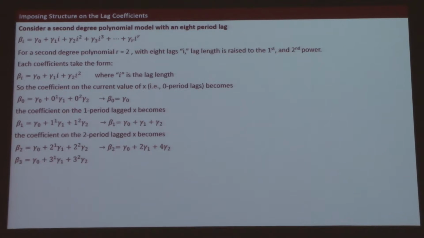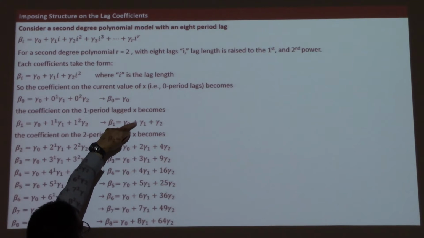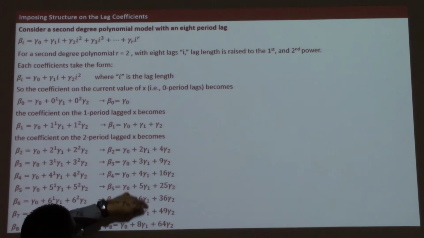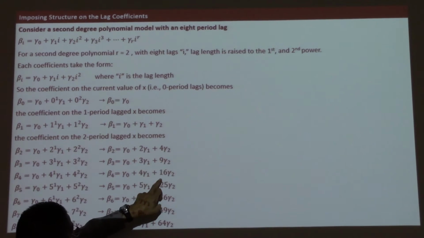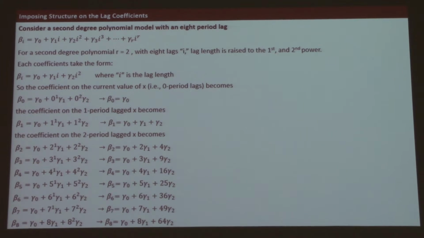On the 3 period lag, 3 to the 1, 3 to the 2. 4th period lag, 5th period, 6th period, 8 periods. You can see the pattern here where we've got 1, 2, 3, 4, 5, and then this is going to be 1, 4, 9. It's going to basically be b squared, right? So this second degree polynomial is going to give us that curve.